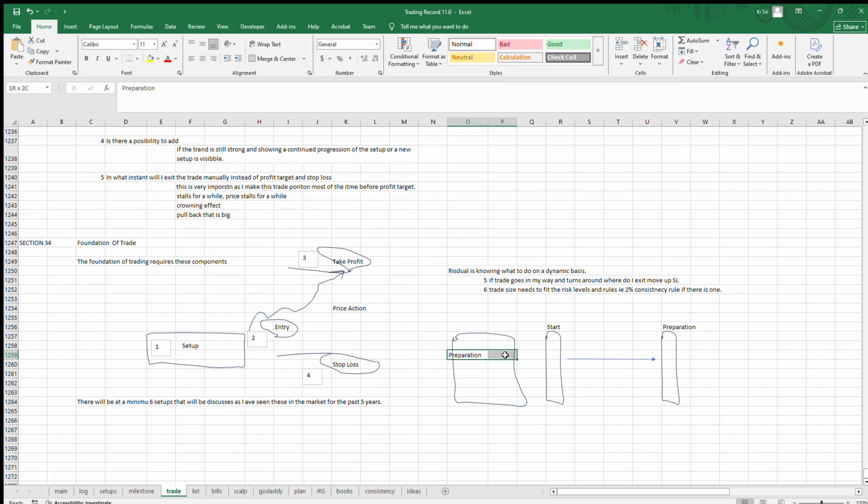So that's the preparation. That's the start. That's the finish. Okay, that's how it's going to be. And then once I perfect it with the initial setup, then I'm going to take it another level.